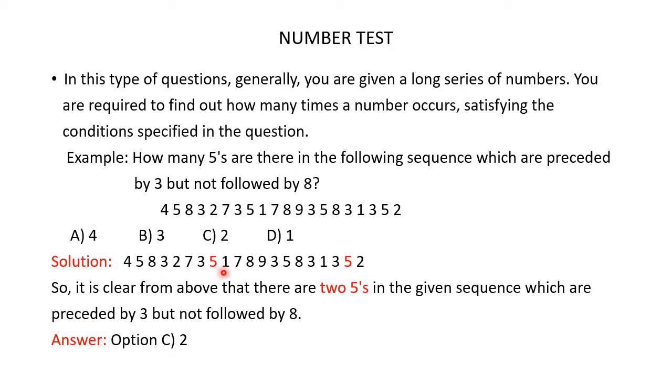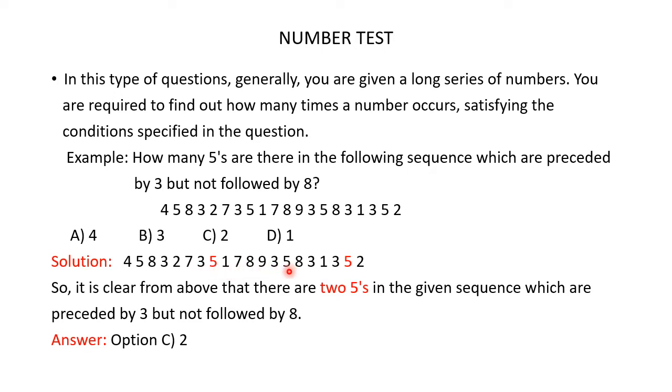Now look at the given series of digits. Here you will see that this 5, although it is followed by 8, is not preceded by 3. So this 5 is not valid. The next is this 5. This 5 is preceded by 3 and not followed by 8. So this is a valid sequence.